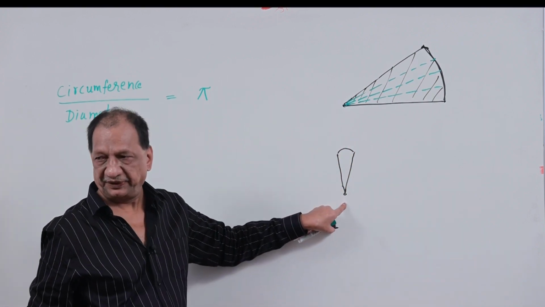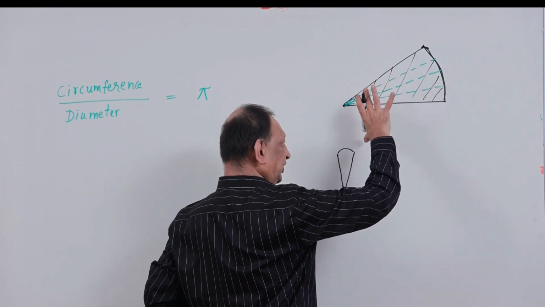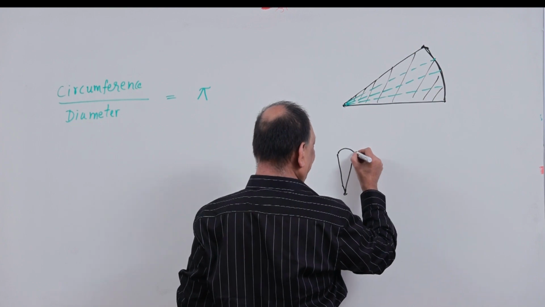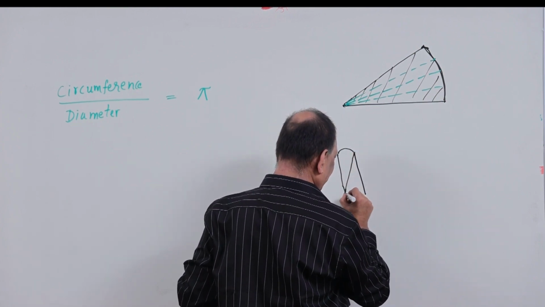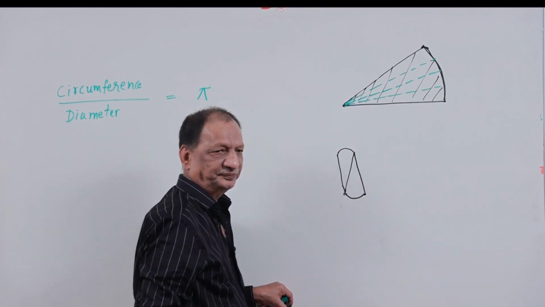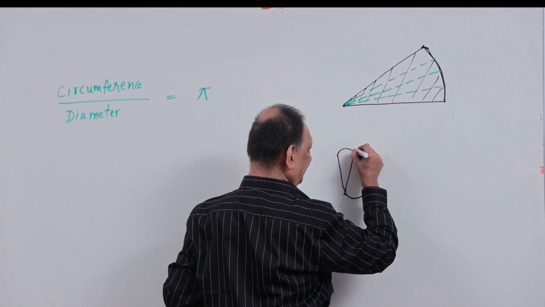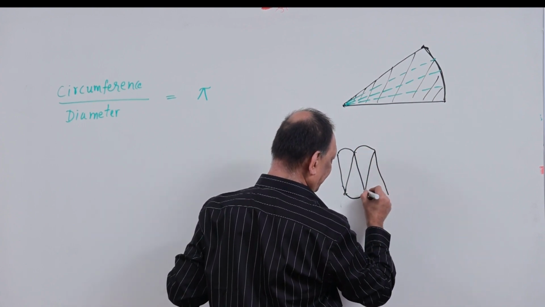Vertically I placed it. Okay? The first sector. Next sector, also I will take it, put the same way, but upside down. That means the arc will come on the opposite side. Correct? Third one, I will put it downside up. Fourth one, I will keep it upside down.